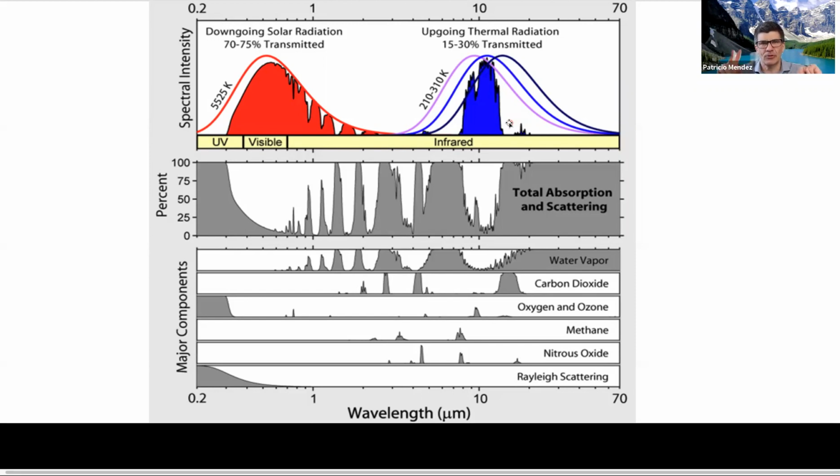Some places on Earth are very dry and you radiate to outer space at 0 Kelvin. But some places on Earth are pretty humid and moist in the atmosphere, and you actually radiate to the atmosphere, which is absorbed by the water vapor in the atmosphere at the atmospheric temperature.